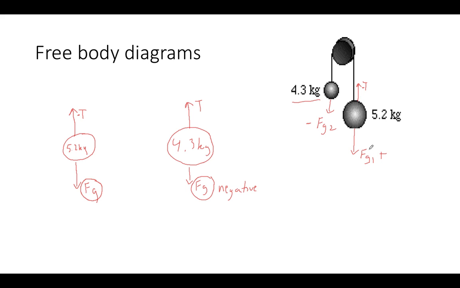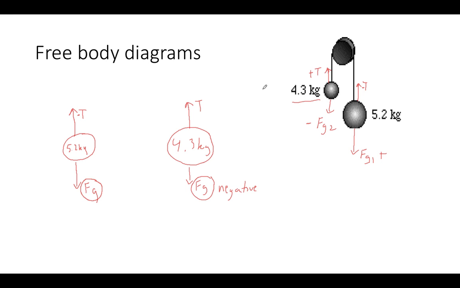If Fg is in the direction of motion, then Fg is also positive. And then we have a tension force here pulling up, which is going to be a positive tension force because it is moving in the direction of motion.